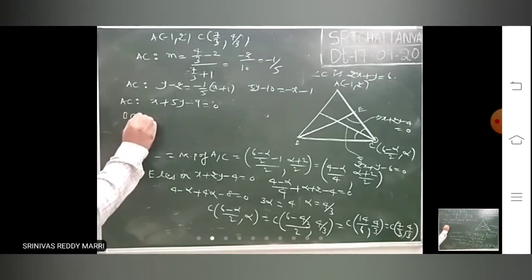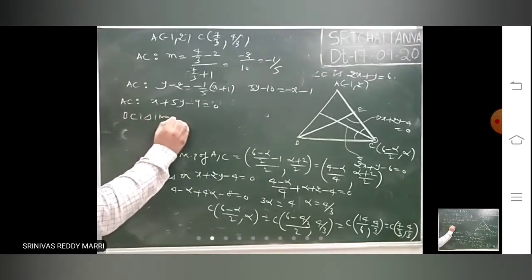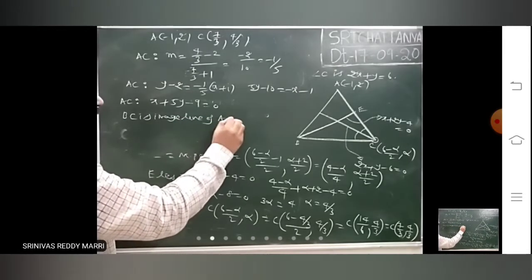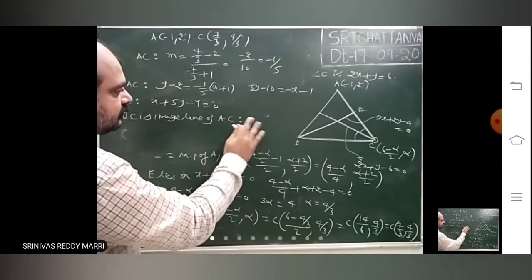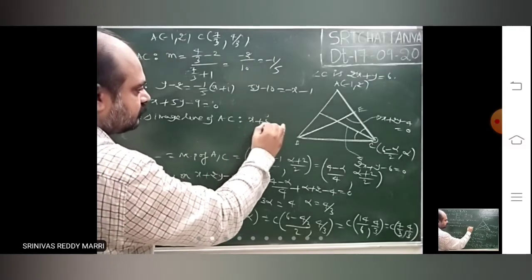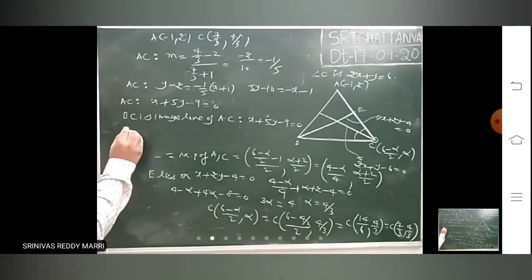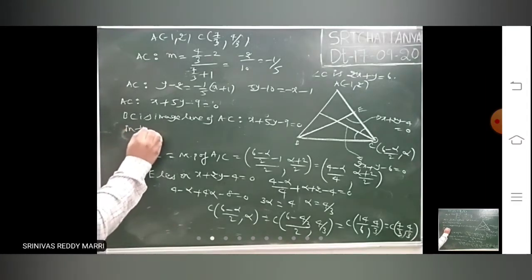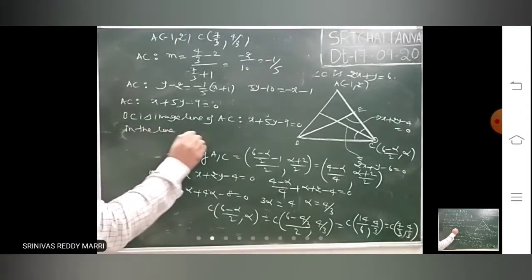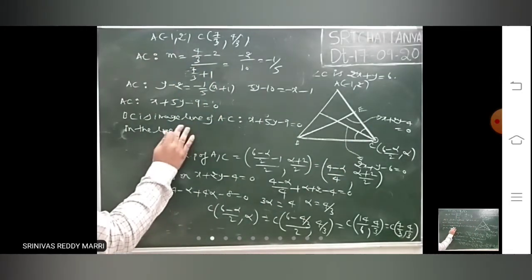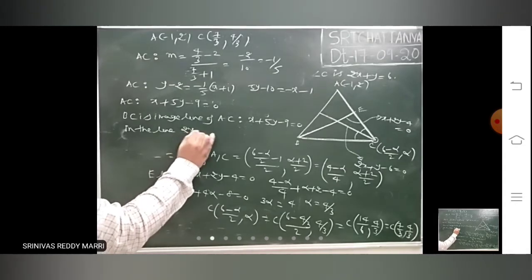BC is the image line of AC in the angular bisector line.